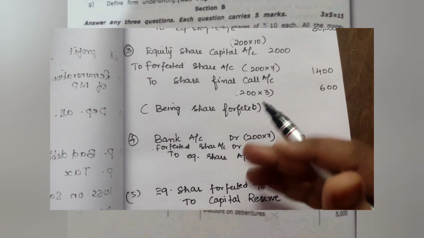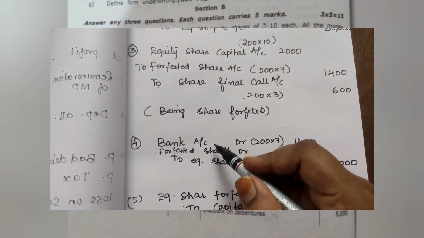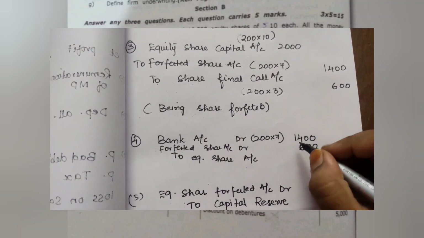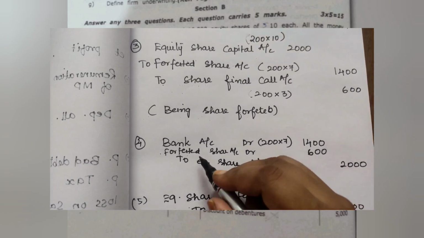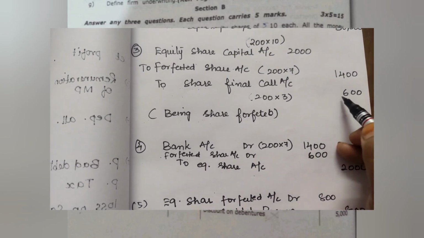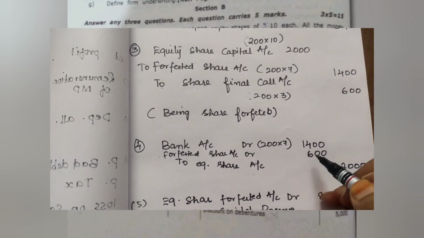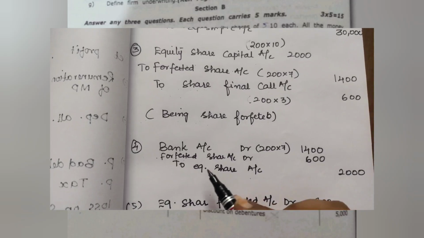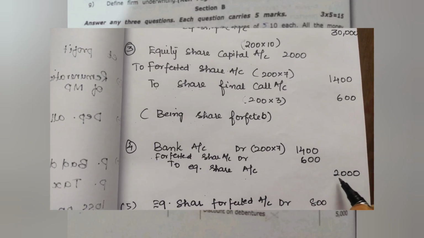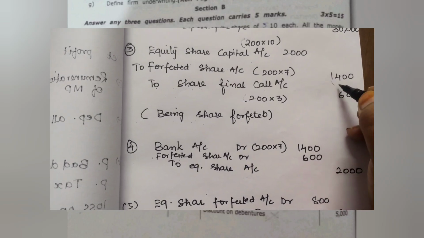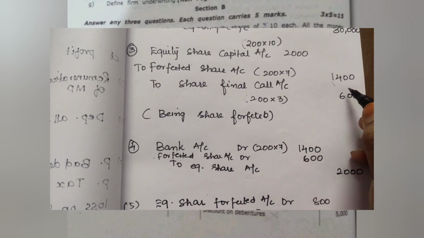Now we are reissuing. When you reissue, you will get the money. Bank account debit, he has reissued for 7 rupees, which is 1,400. The forfeited share is for 600 rupees. Why do we forfeit it? Because he didn't pay 600 rupees. So we compare: we have received 1,400, and only 600 was not received.